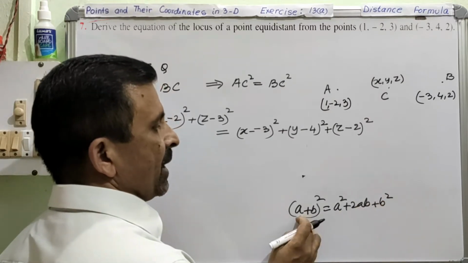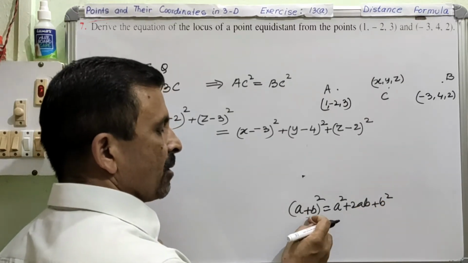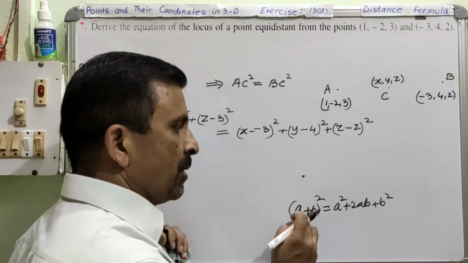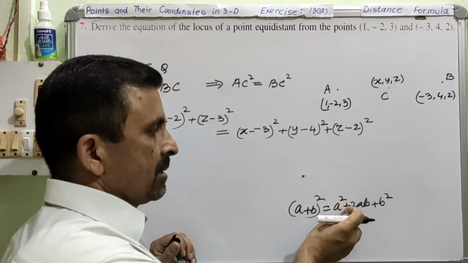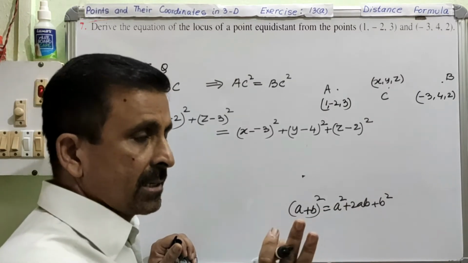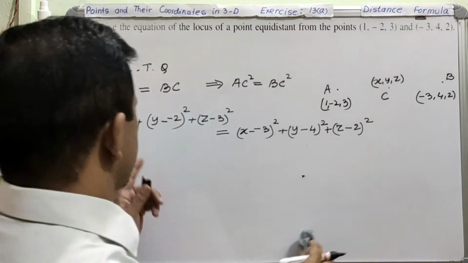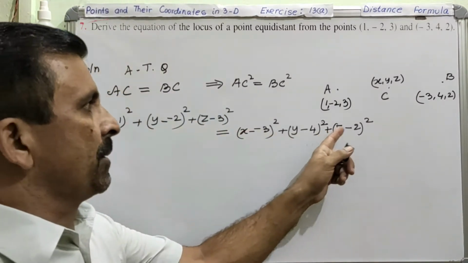This is the expansion of a plus b whole square. Likewise, we can also have the expansion of a minus b whole square, and in place of this plus, this will be minus. Only that is the difference. Is this very clear? So we will use that expansion because all these are perfect squares.